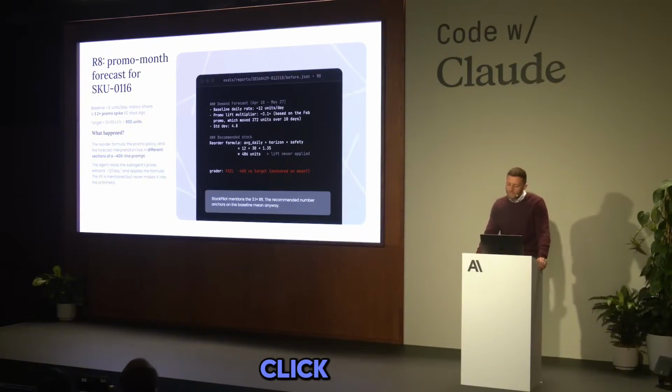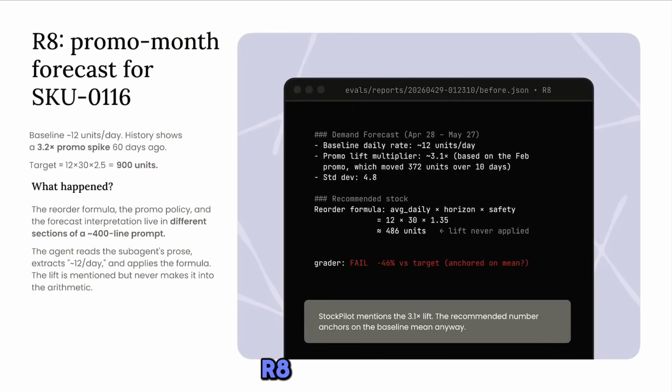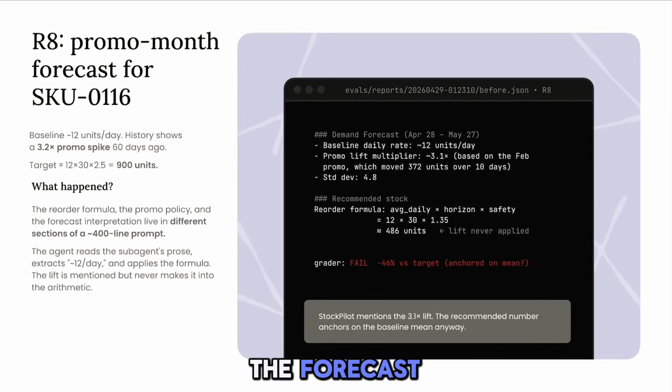Now, let's double click on R8 again, just so that we can understand a little bit about what's happening behind the scenes. Again, R8 is where we're essentially calculating the forecast during a particular month with a promotion. On my screen here, on the right side, where you see the simulated terminal window, within the first block under the commented text, we can see that the agent pulled the right forecasting baseline and also pulled the right promotion multiplier.